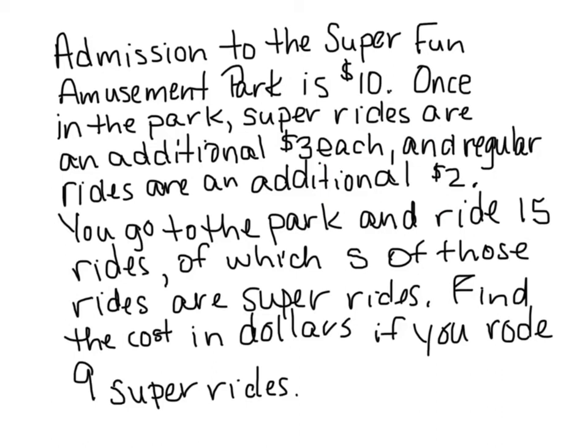First off, let's define our variable. We are asked to find the cost in dollars. So let's say that D is going to equal the cost in dollars. Before we can take care of that, we need another variable, which is given to us here. It says you go to the amusement park and ride 15 rides, of which S of those rides are super rides.